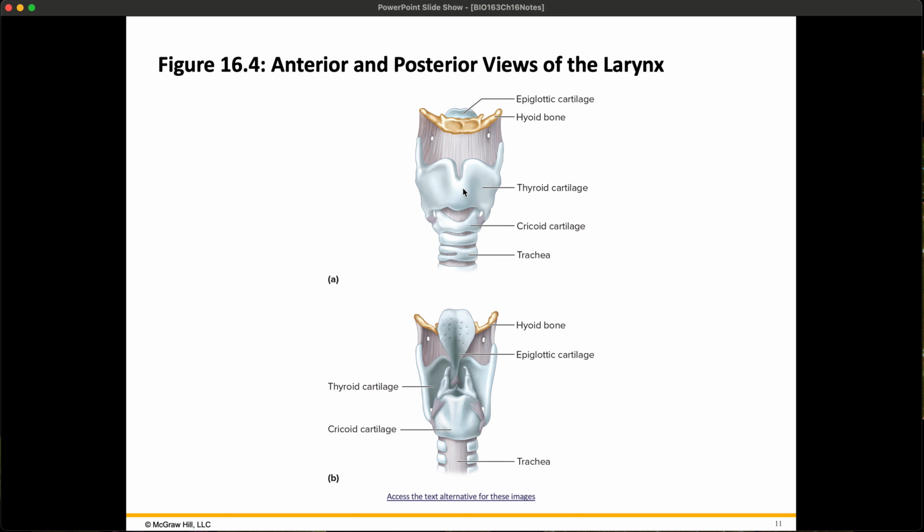On males, it tends to be a little bit thicker and more pronounced because of testosterone. It just makes that cartilage tissue a little bit more pronounced. You have the cricoid cartilage, which is helping to anchor the thyroid cartilage to this tracheal structure below it. And then you can see here, posterior view, this epiglottic cartilage, and this is what will cover the glottis, the opening to the trachea when we swallow.